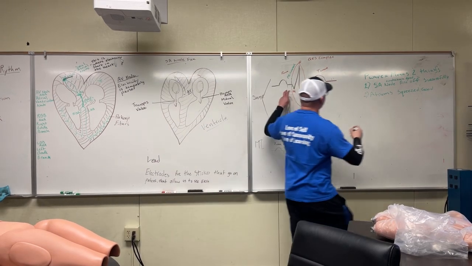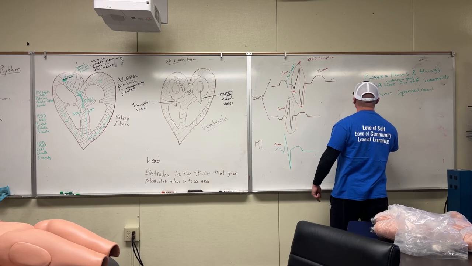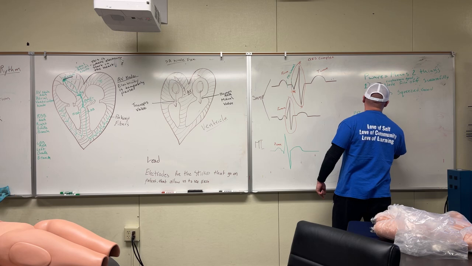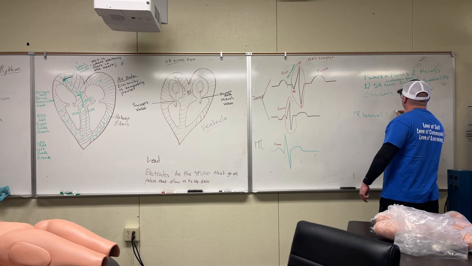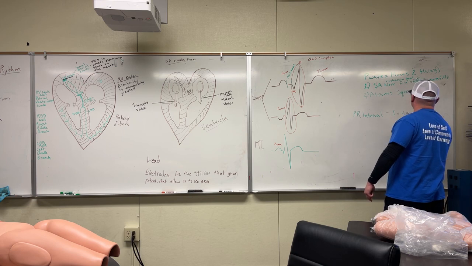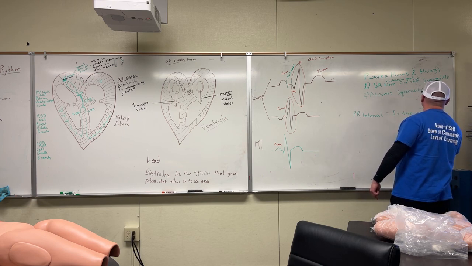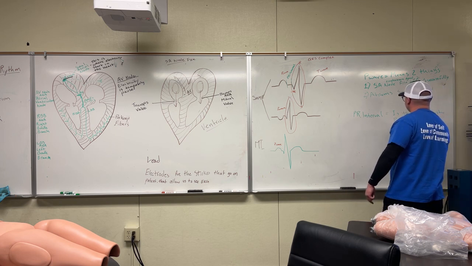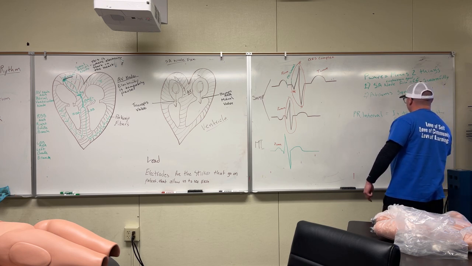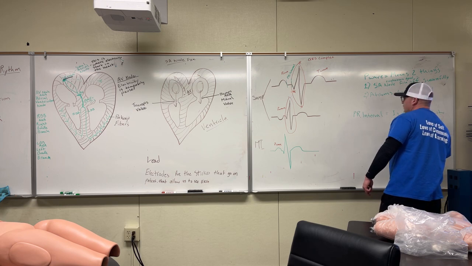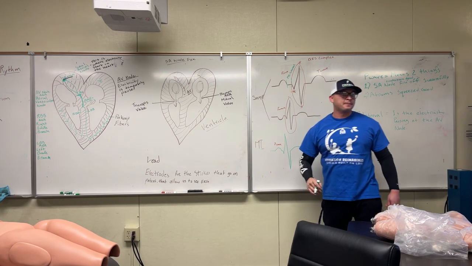So PR interval is the electricity pausing at the AV node. Okay? That's what that is.